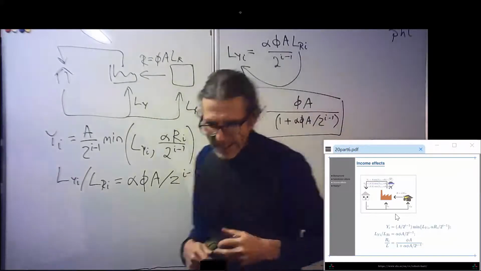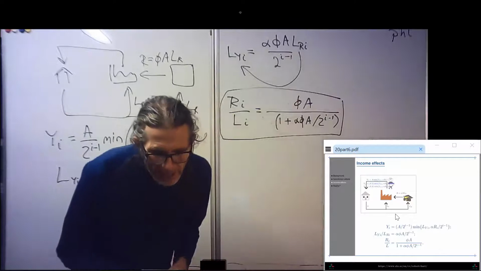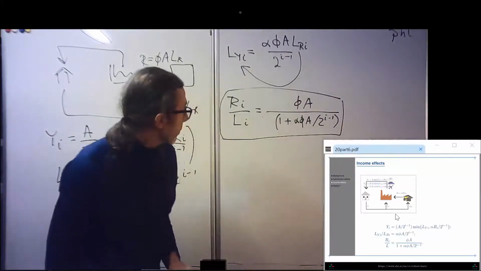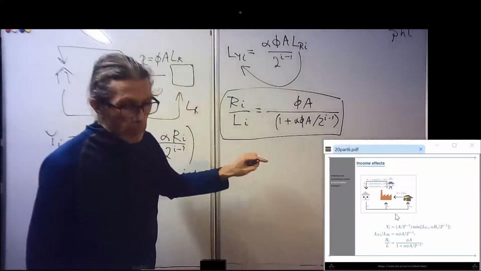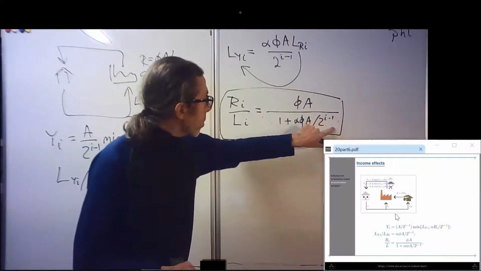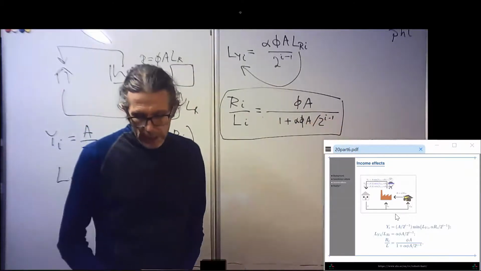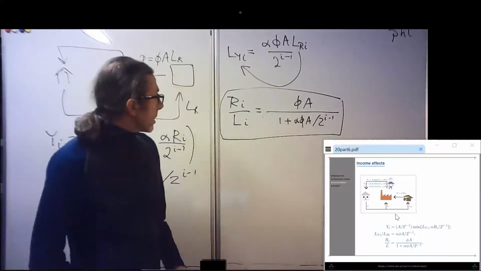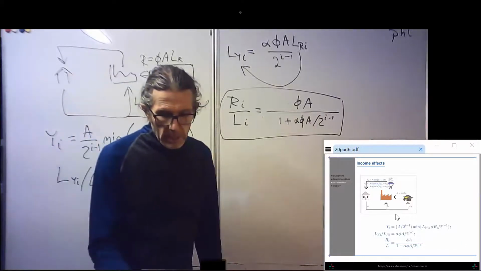Let's have a look. Phi A over 1 plus alpha phi A over 2 to the I minus 1. Yeah, and we don't need these brackets anymore. Okay. And yeah, we should have that I subscript.